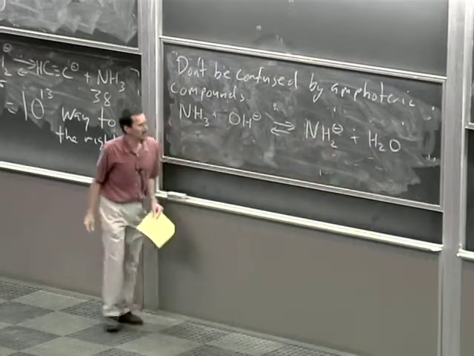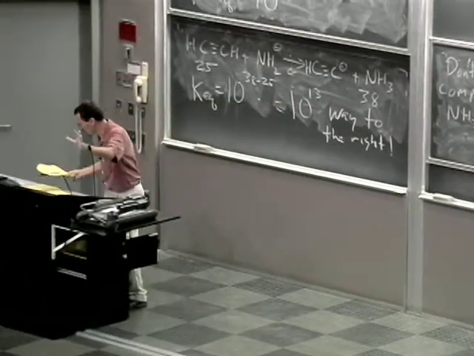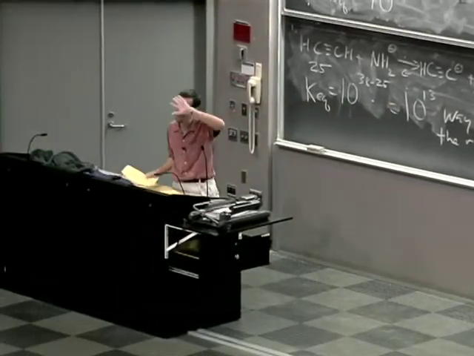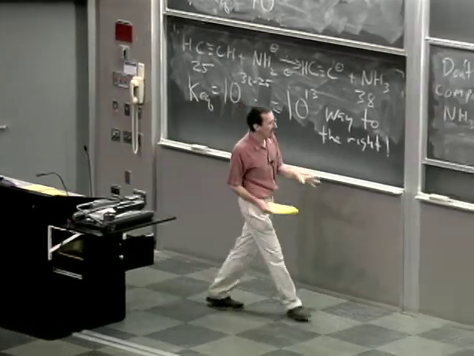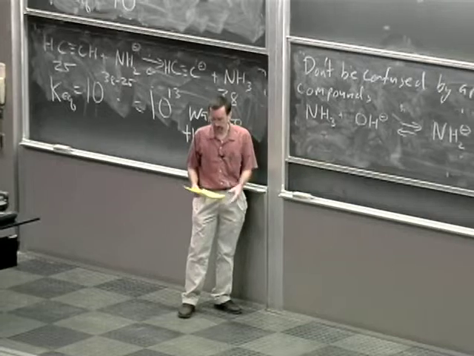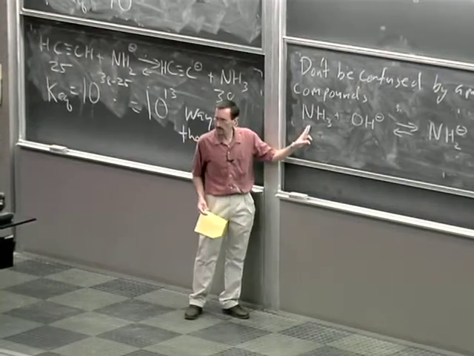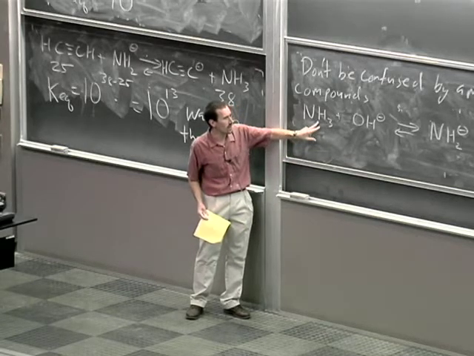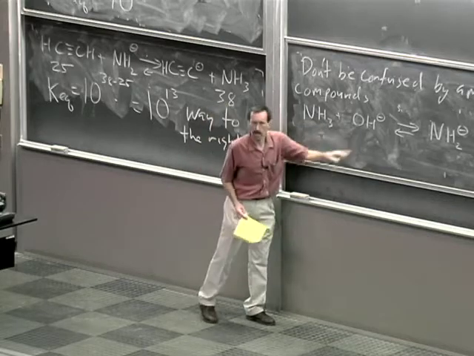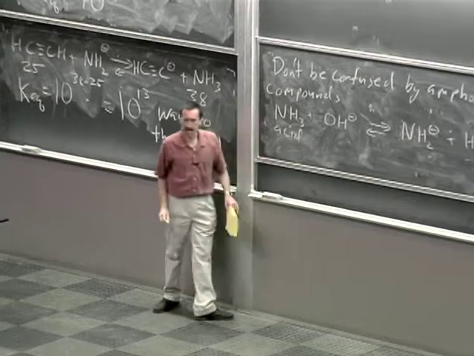And it's very easy to get yourself confused and start to think, oh wait, water, hydronium ion, ammonia, ammonium ion. Take a moment and actually look at an equation like this and first say, all right, who's the acid, who's the base? In this equation, ammonia is giving up a proton to hydroxide. That means ammonia is acting as an acid.